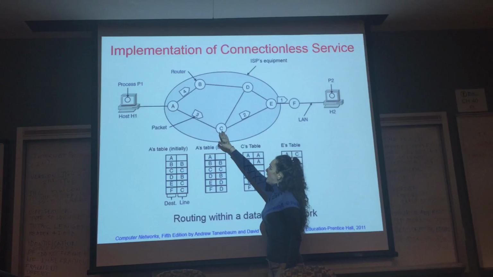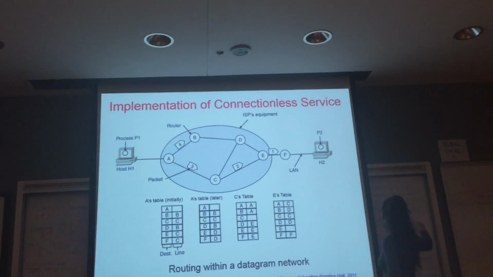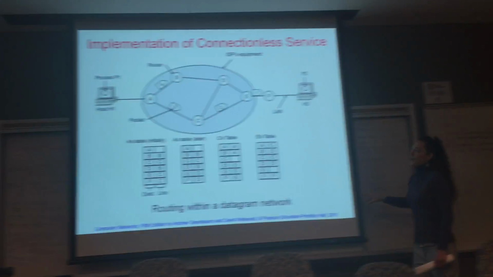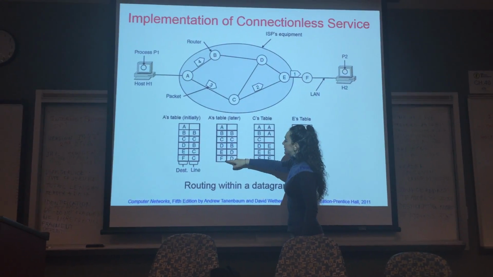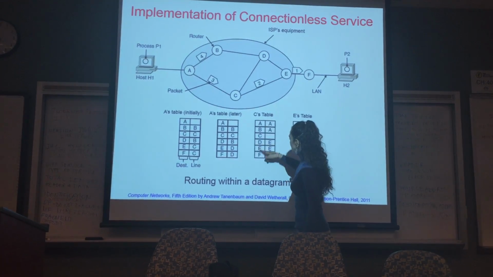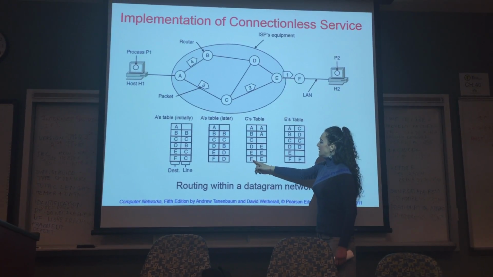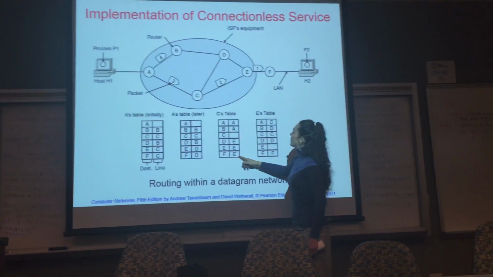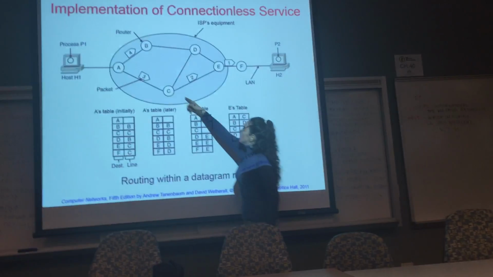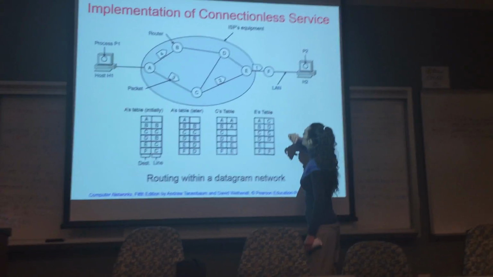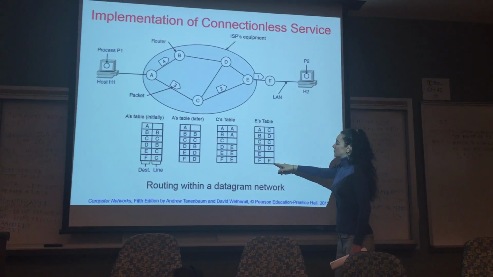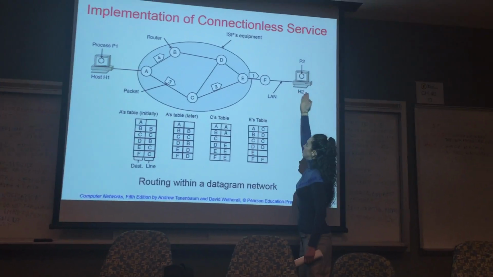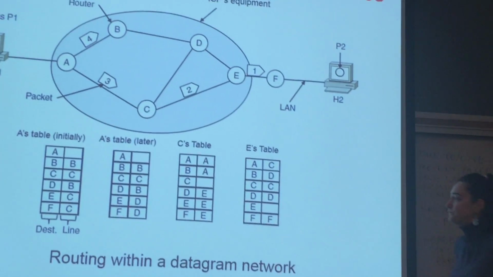It will briefly store the packet and examine it for errors, so it's going to check this header checksum. If everything is okay, it will look in its table and say the packet is going to F. For C's table, the packet is going to F, forward it to E. So take the packet, forward it to E. E looks in its routing table: packet is going to F, which is myself, so I'm sending it to one of the hosts in my local network.